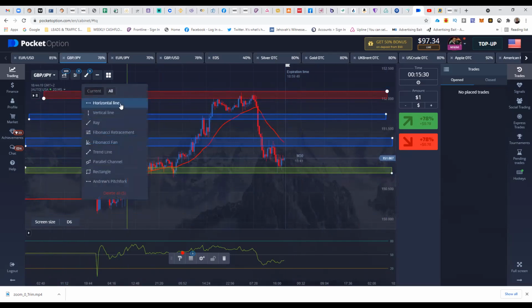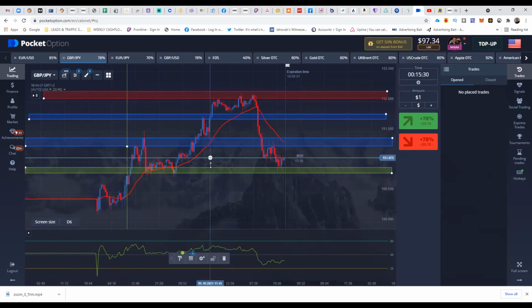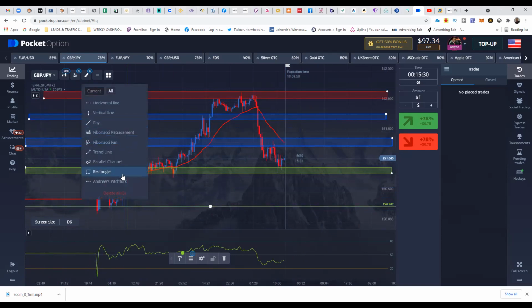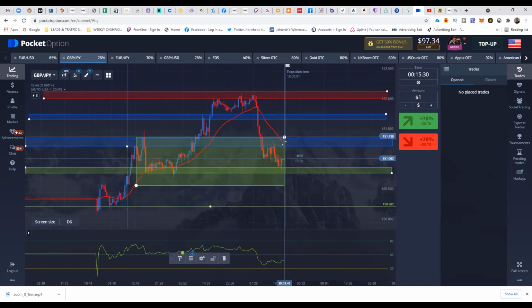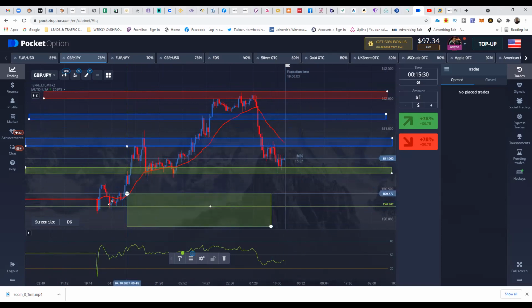So then what we notice here is there's another level of floor of support resistance that we can mark up here. So we'll just put that here and we'll make this a supply zone as well. We want to take a rectangle, do the same exact thing.